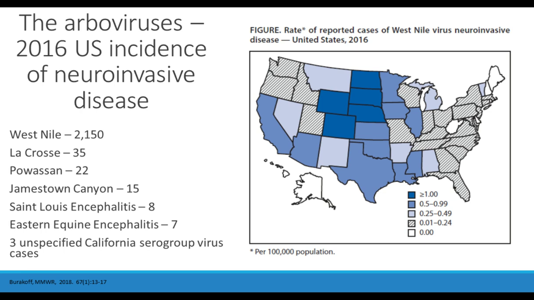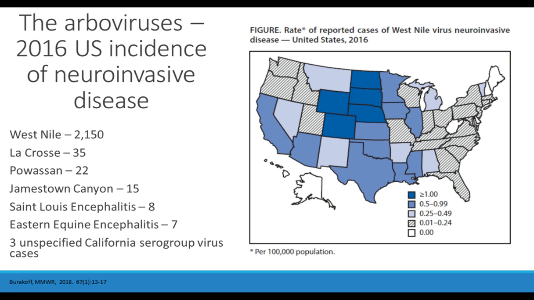Arboviruses are something we think about every summer. They tend to make the news, and are a very important cause of meningitis and encephalitis in the United States. This slide looks at the incidence of various neuroinvasive disease classifications of arboviruses.